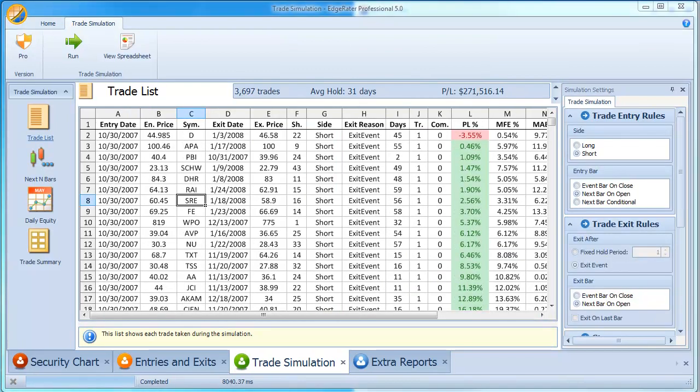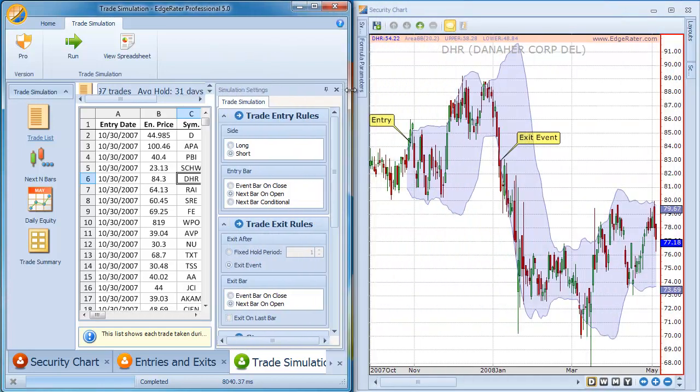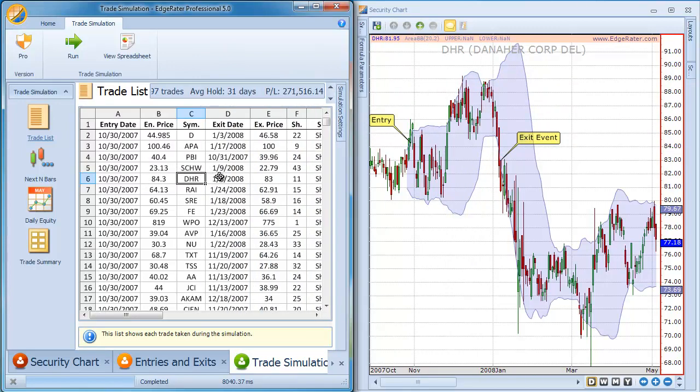Now, a very useful thing to be able to do here is to view each of these individual trades on a stock chart with the entry and exit point highlighted. And in order to do that, all I have to do is double click in one of the rows or one of the trades that I'm interested in. So I'll double click here, DHR, and I have now a pop-up chart, which has DHR containing the entry point and the exit point for that particular trade.